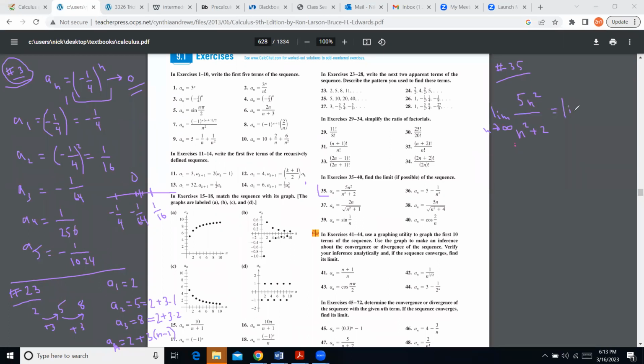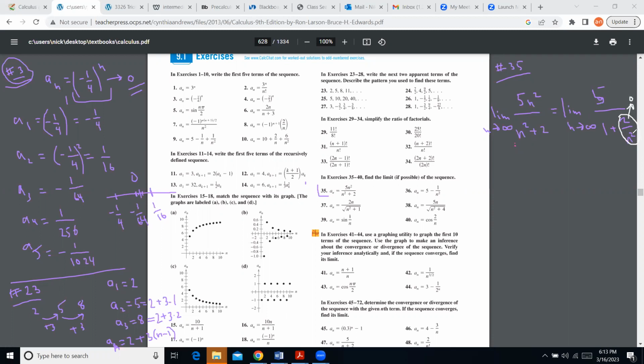That's what we did in calculus 1, right? So if I divide it by n squared, the top will get a 5, and the bottom will be 1 plus 2/n squared. And that way we get 5/1, because that 2/n squared disappears, it turns into 0.